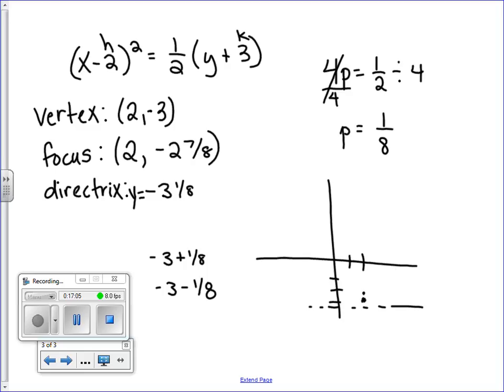One way, X is being squared and P is positive, so it opens up. The other way, the focus goes on the inside, like the parabola is a mouth about to swallow it, right? So that should tell you that it's going to open up. The directrix is outside, just below it or beside it.